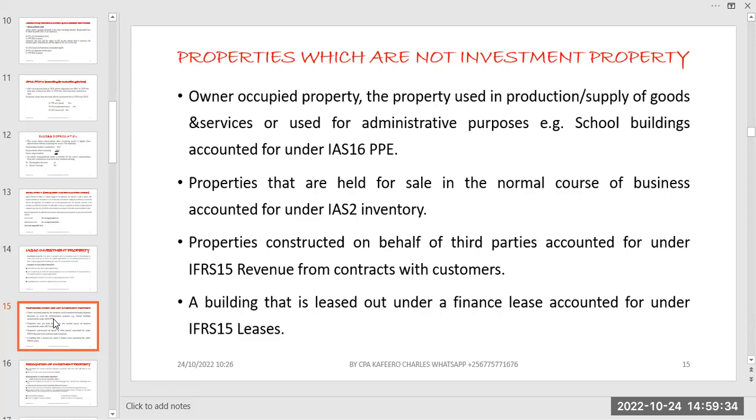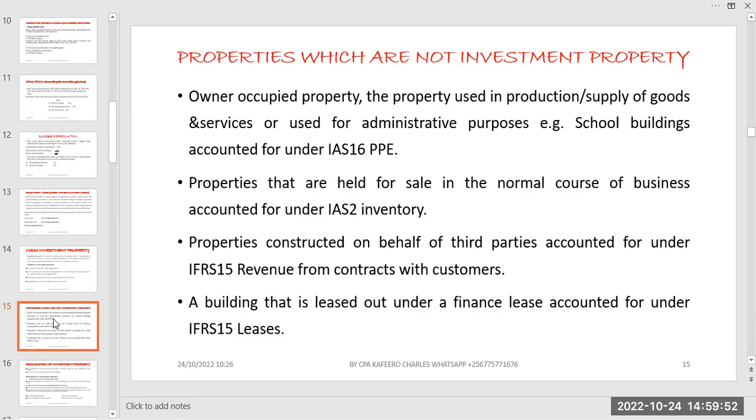Then the last one, we can talk about buildings that are leased out under finance lease. Because remember there we said buildings that are leased out under operating lease, those are the short-term ones. But the long-term ones are accounted for under IFRS 15.